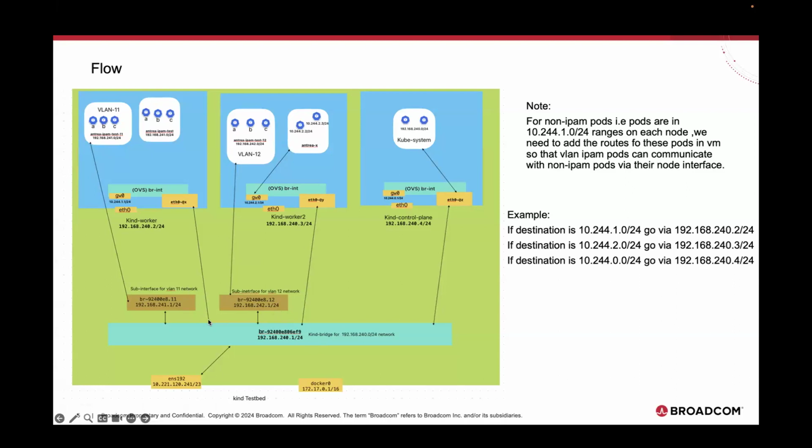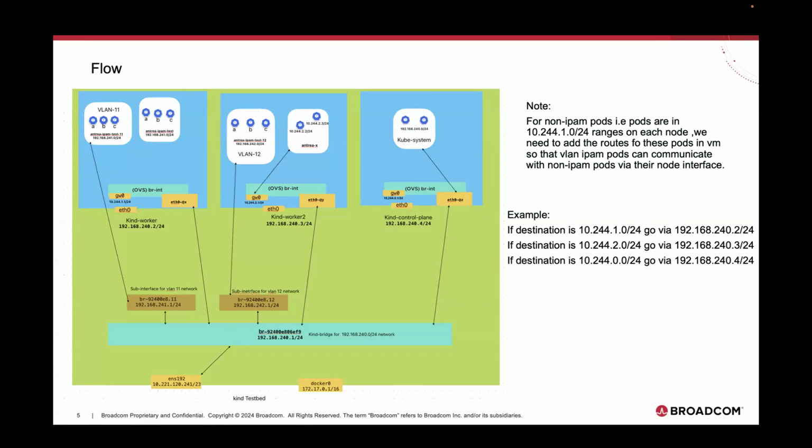Whenever VLAN traffic comes to these sub interfaces, they check with the Linux bridge. The Linux bridge checks the switching table and the VLAN tag on the packets, and based on that tag, it forwards the traffic to that particular VLAN interface.